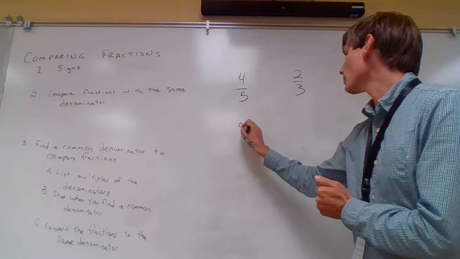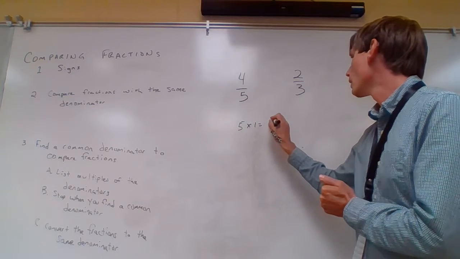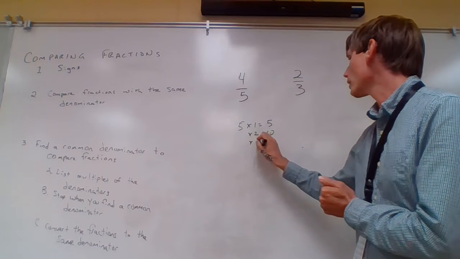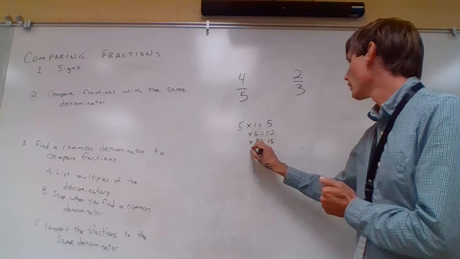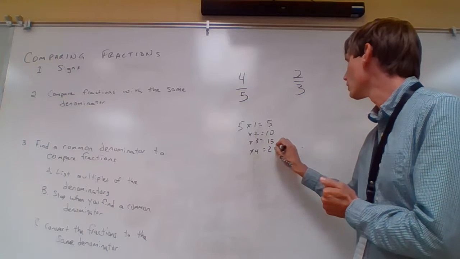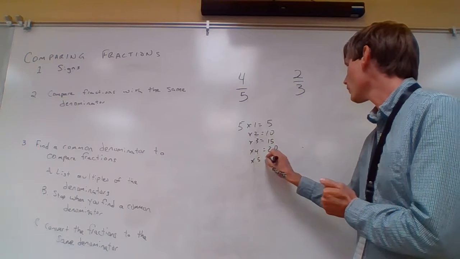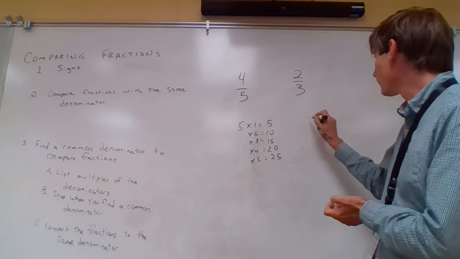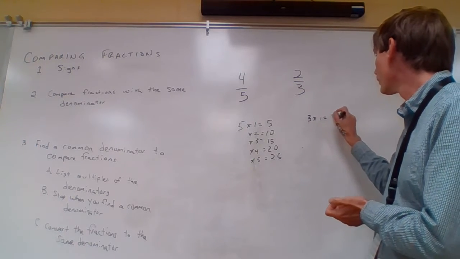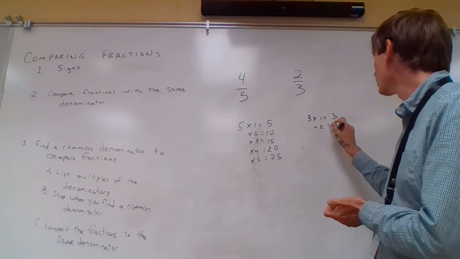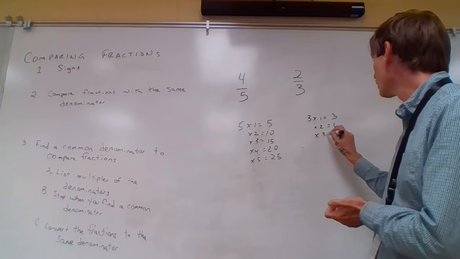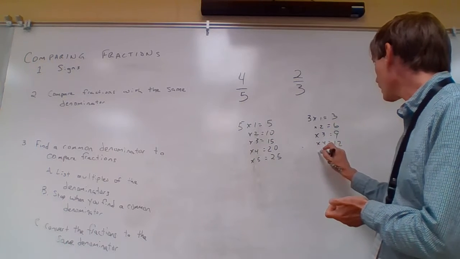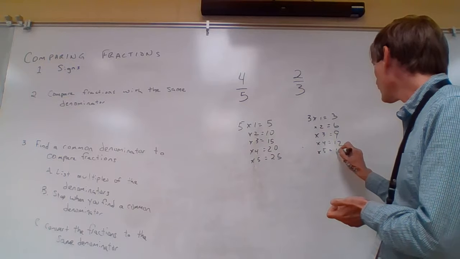So 5, I already had some listed there, but I'll do it again. 5 times 1 is 5, times 2 is 10, times 3, 15, times 4, 20, times 5, 25. Okay, right? 3. 3 times 1, 3, times 2, 6, times 3, 9, times 4, 12, times 5 is 15.